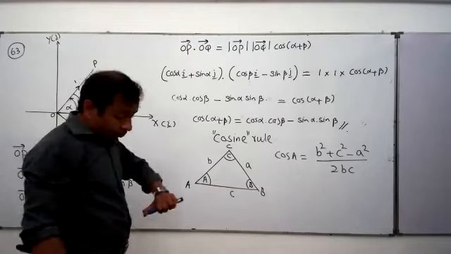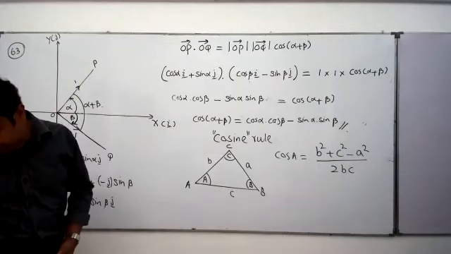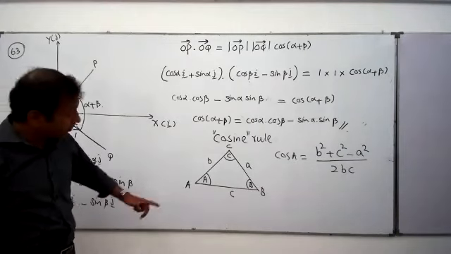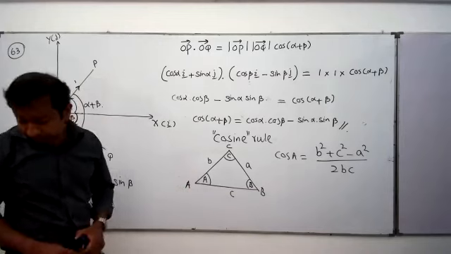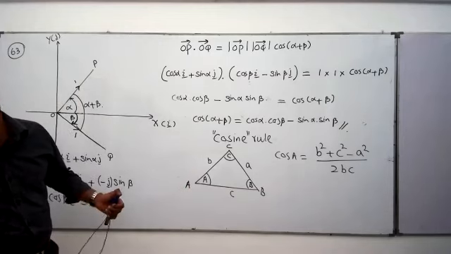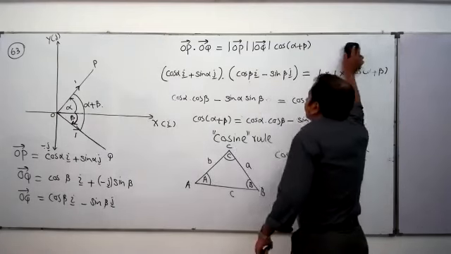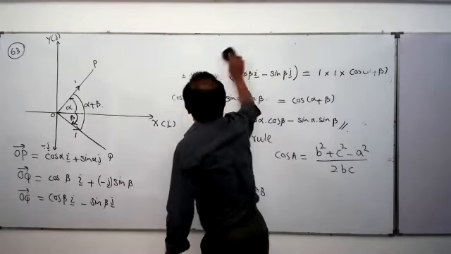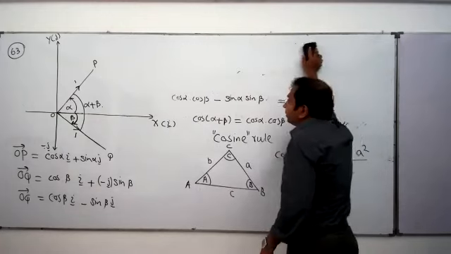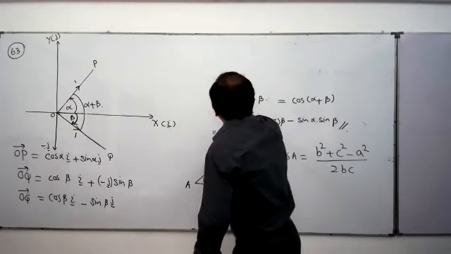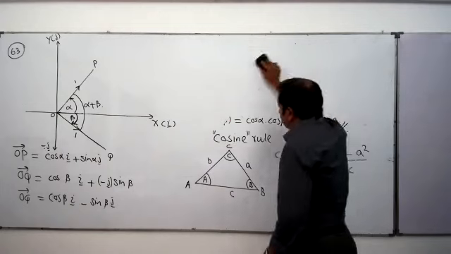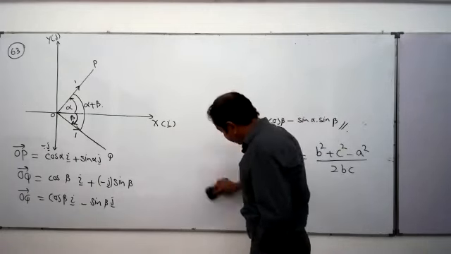Right. For the standard notation means this. Right? Yes. Okay. We can take that. You can write proof of cosine rule.